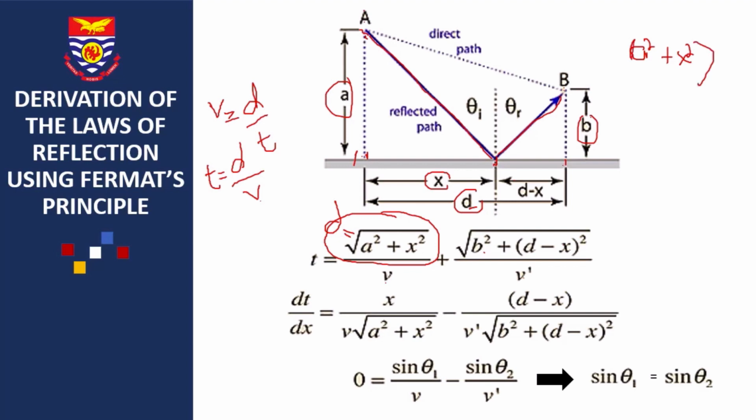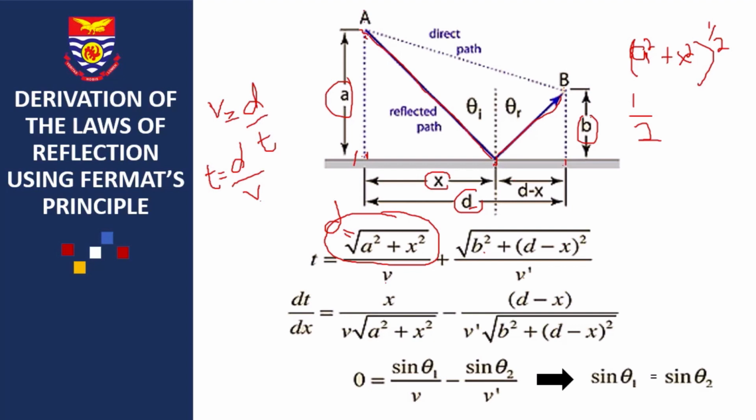Kindly forgive me because I'm using a mouse pad. Anytime you find the derivative of something like this, the 1 over 2 comes down here, we enter into the bracket, and differentiate what we have here. This a squared is going to be a constant because it is with respect to x.